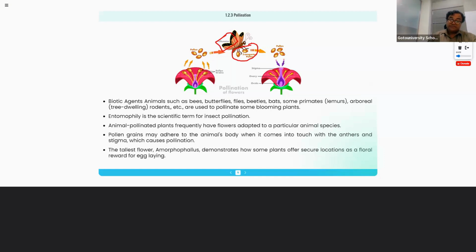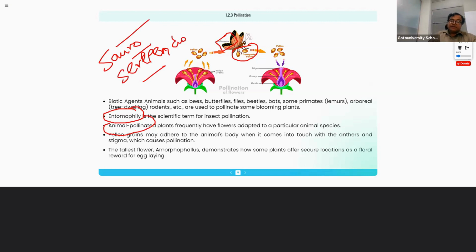Now we need to understand entomophily, the word we already told you for insect and animal pollination, and ornithophily for avians or birds, which we told you long back. Like this we can say many varieties. For example, for lizard-mediated pollination, saurophily. For snakes, serpentophily. Serpento means snakes. Sauro means lizard. So lizard pollination, right?